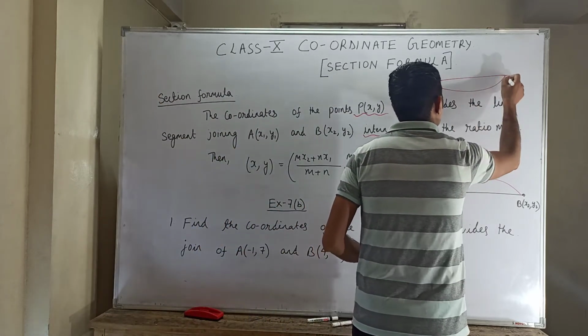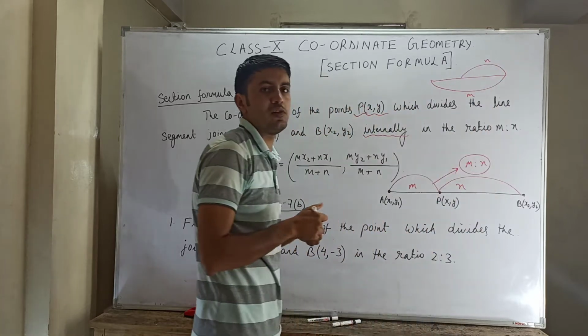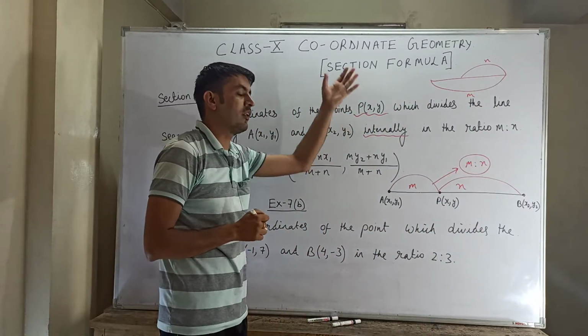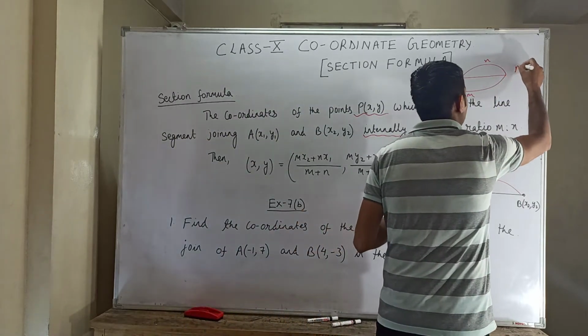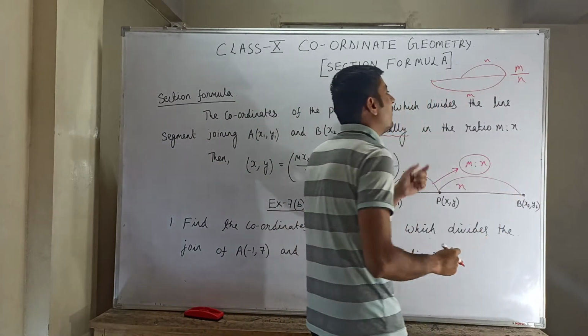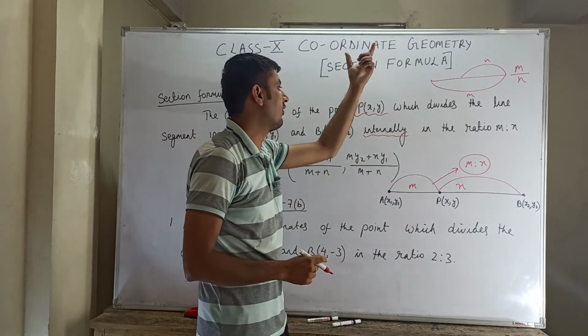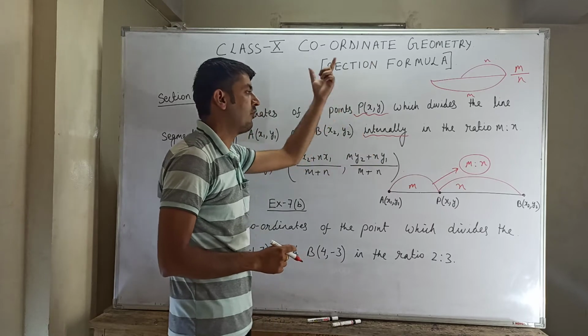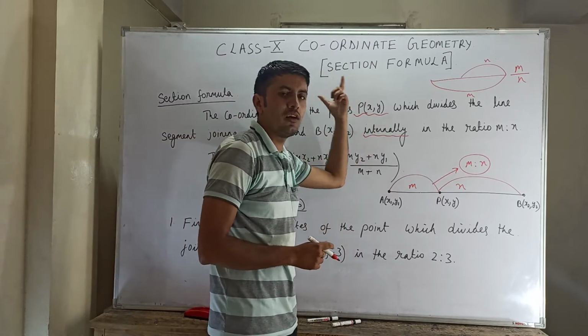The numerator will be bigger, because when you write down m is to n, you will be writing m by n. So your numerator will be bigger than the denominator in case of external division. But for your class 10, you don't have external division, only internal division.